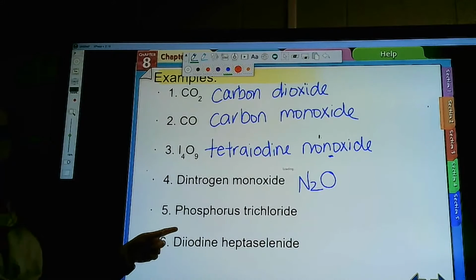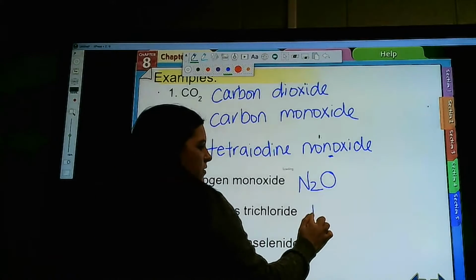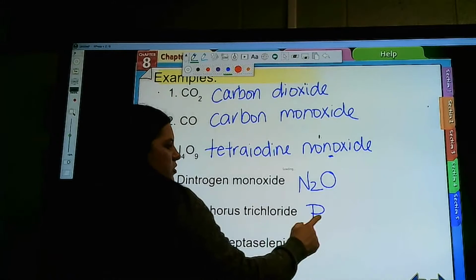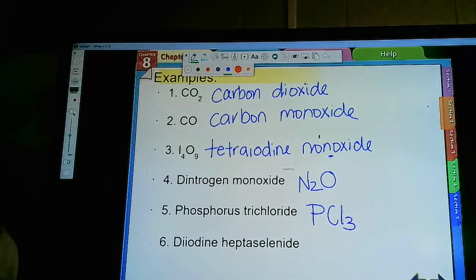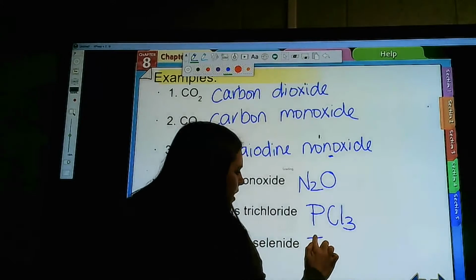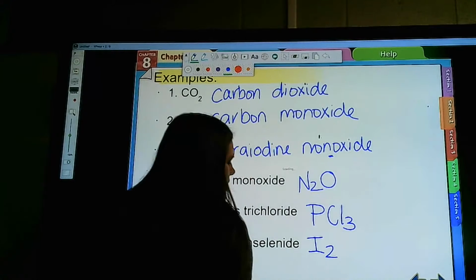This is just 1 because there is no prefix. Remember, we do that only for the first element. Phosphorus trichloride means there are 3 chlorines here. And then the last one is diiodine, which means there's 2 iodines.